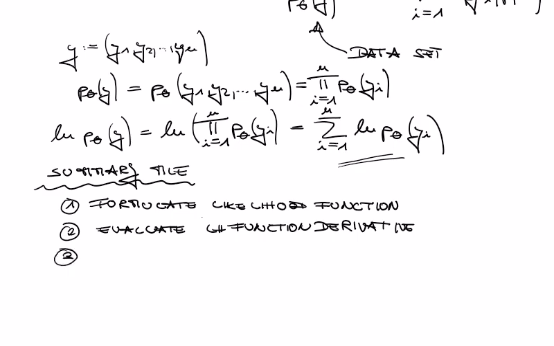And finally, set the derivative to 0 and solve for the maximum likelihood estimate. So this is how maximum likelihood estimation works in very general terms, but also as a very general purpose procedure for actually getting point estimates for parameters.